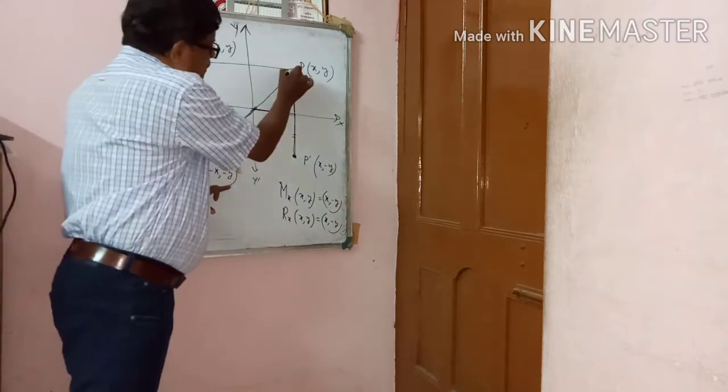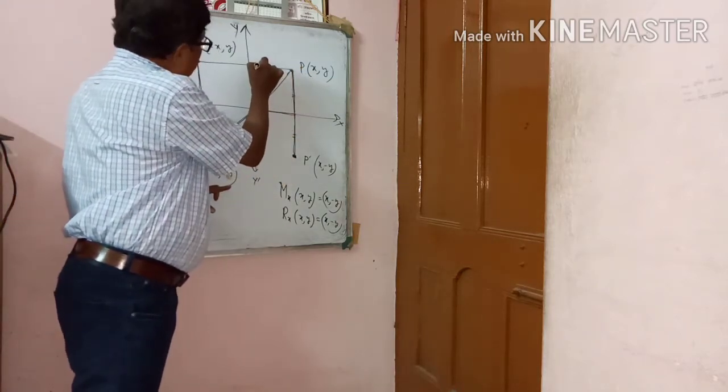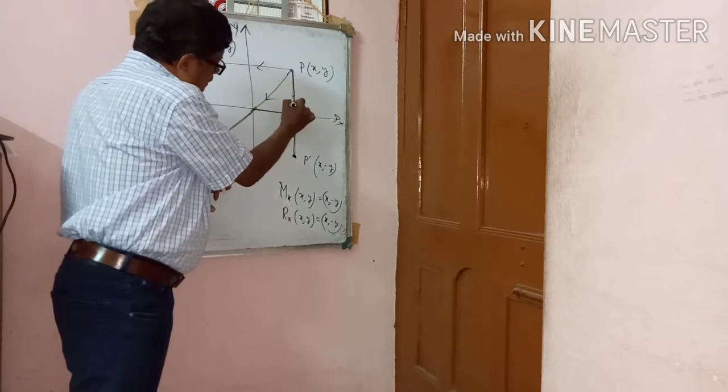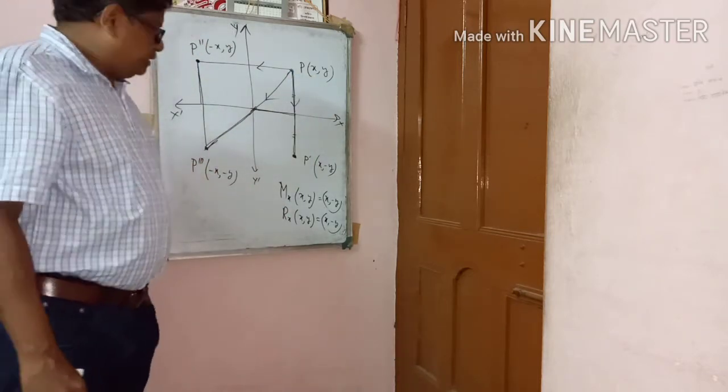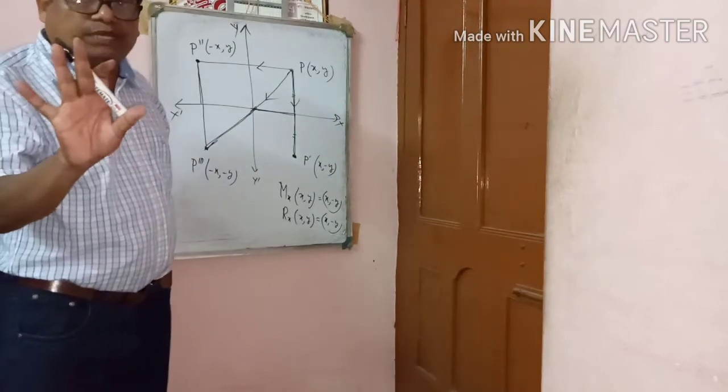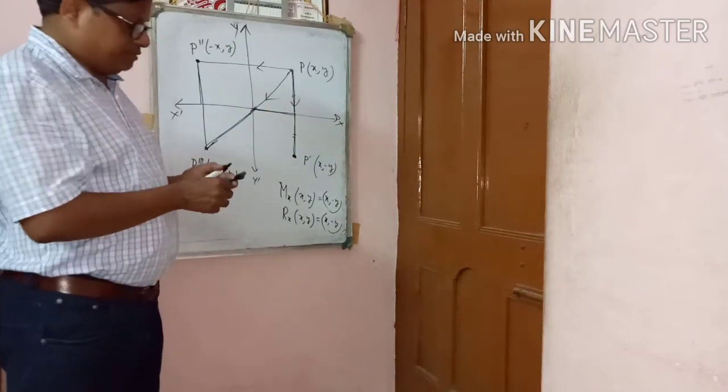Suppose this is the fixed point, here x-axis, y-axis, here origin. Now, understood all of you? Any doubt? No. Next.